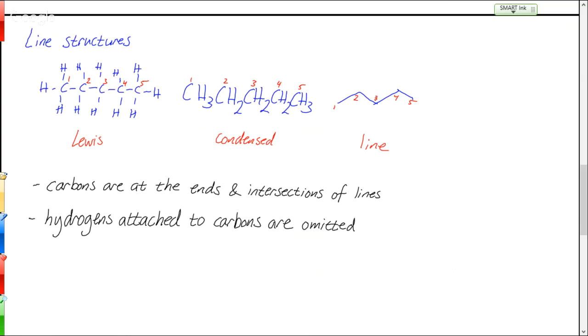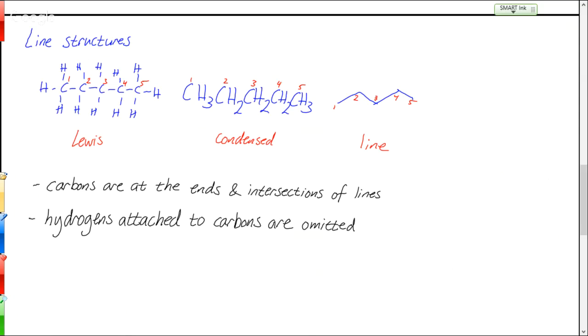Why don't we lose information by leaving the hydrogens off? How could we tell if we had a line structure, how many hydrogens were there? Right, because we know that carbon always has to have 4 bonds. So if all the other bonds are shown, we can just assume that there's enough hydrogens to fill in the blanks. There would be 4 bonds.